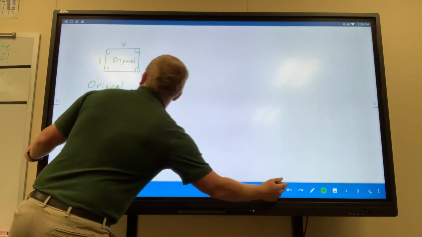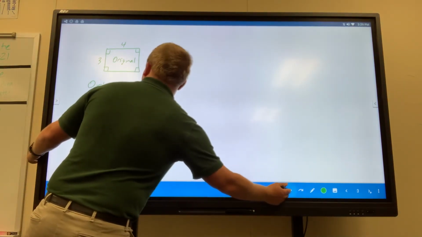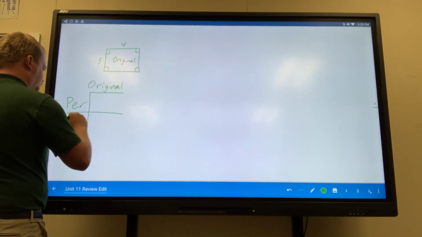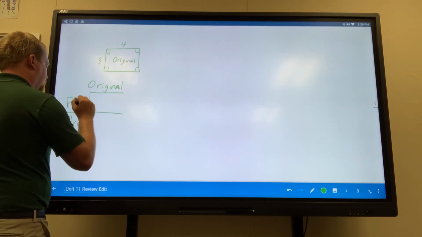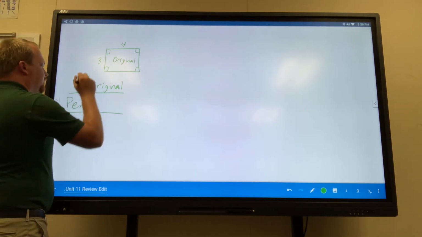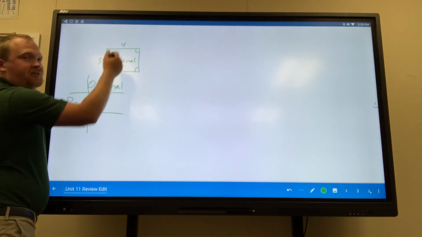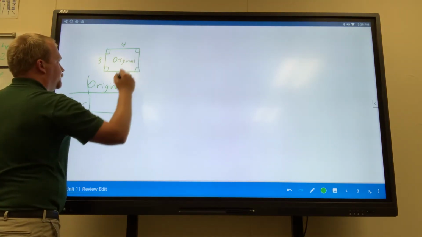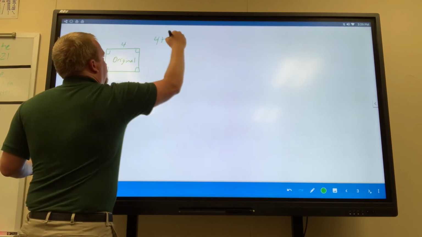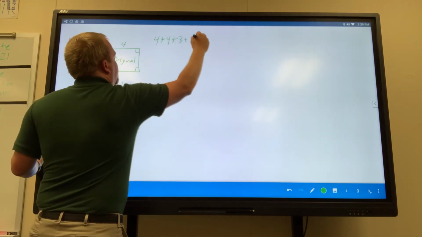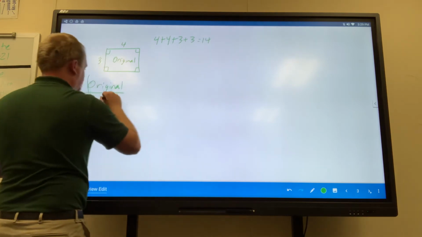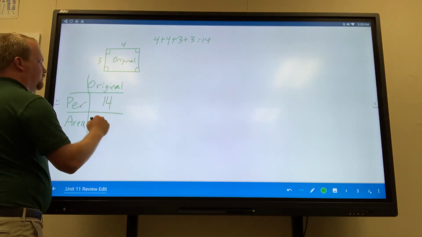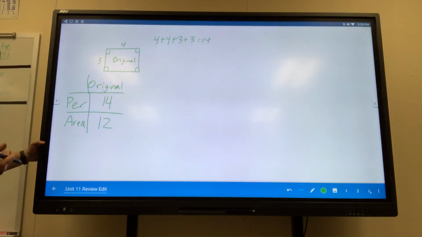I'm going to set it up as a table, with perimeter and area. Remember, opposite sides are congruent to each other. So this will be 4, and this will be 3. So 4 plus 4 plus 3 plus 3 gives me 14. And my area is length times width, which in this case is 12.